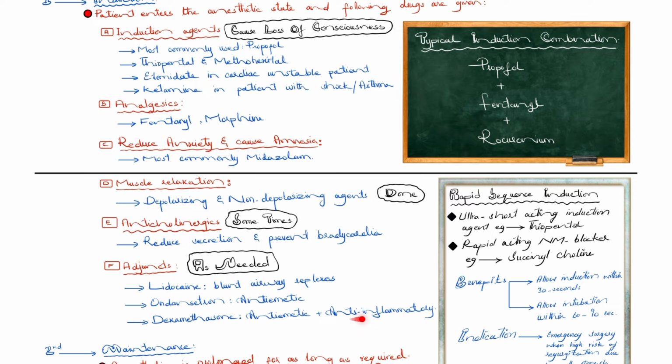If there have been multiple attempts at passing the endotracheal tube, there is a possibility and probability of injuring the trachea or upper airway, and it may lead to swelling and edema which narrows down the airway, or it may even completely block the airway. So to prevent this complication, we give dexamethasone.